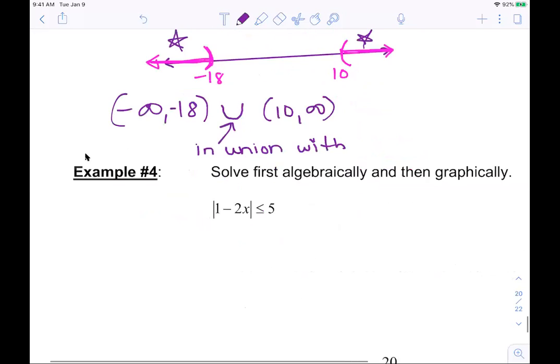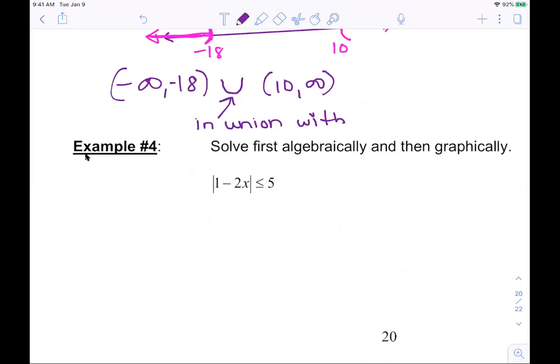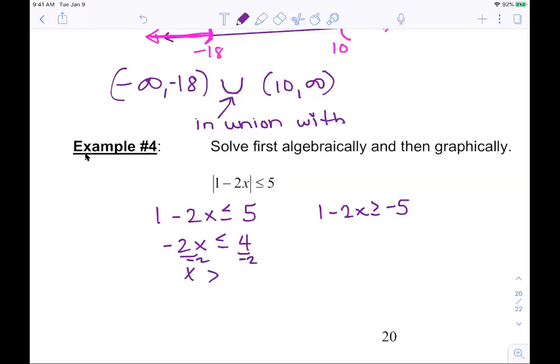Just really quickly, I'm not going to go through the whole problem here, but you could solve this last one as well algebraically, flipping the sign, and then solving it in the same format. When I divide by a negative, don't forget you've got to re-flip the sign.